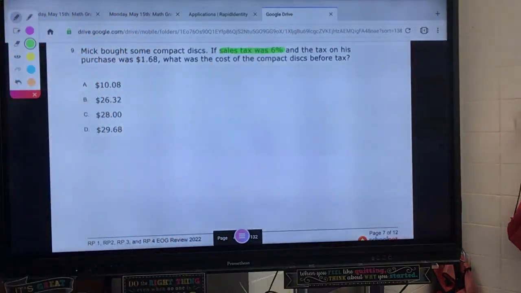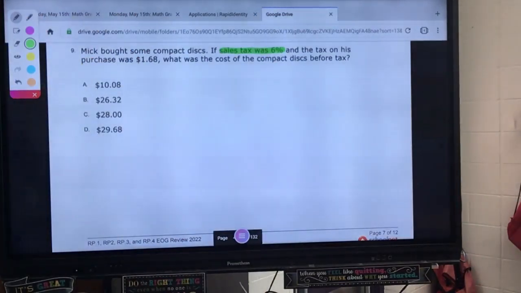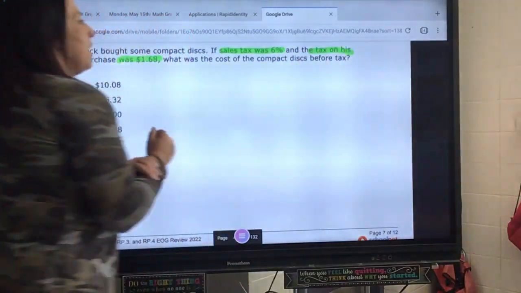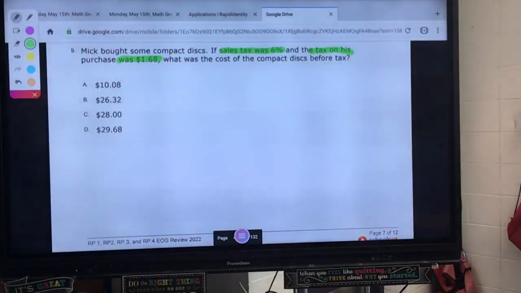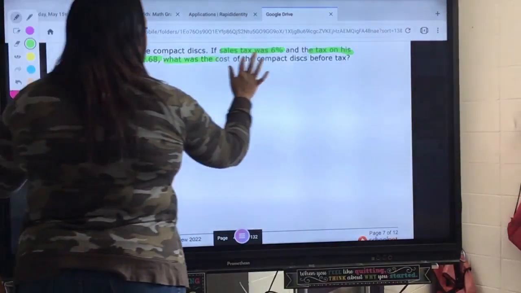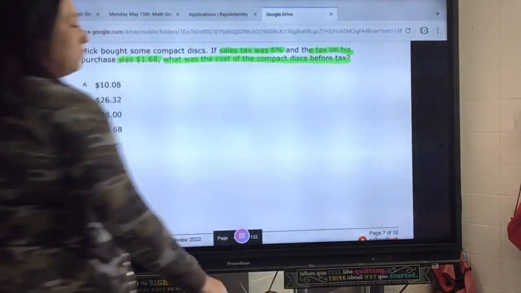Okay? What else is important in this question? Anybody? Kaya. The tax on his purchase was $1.68. Okay? And then what's the last thing that's important? Camden. What was the cost of the compact disc before tax?